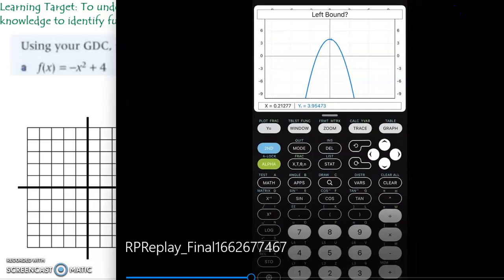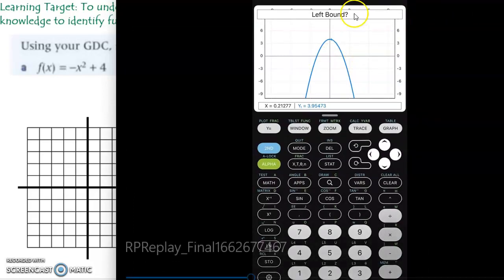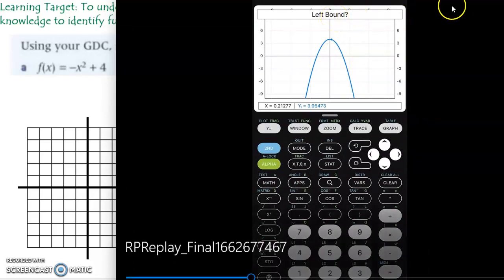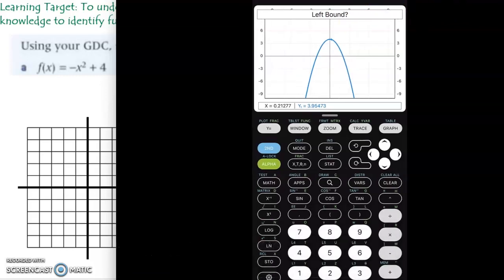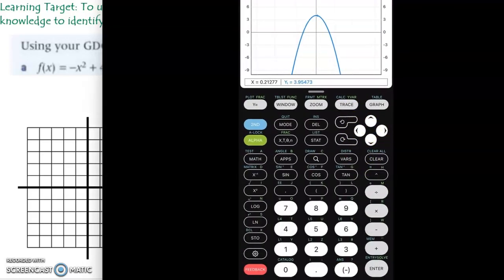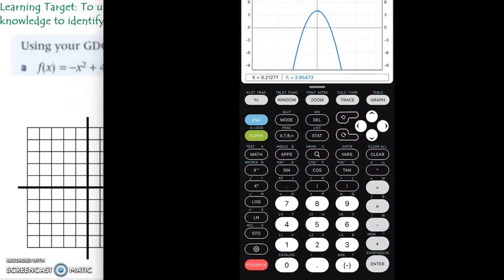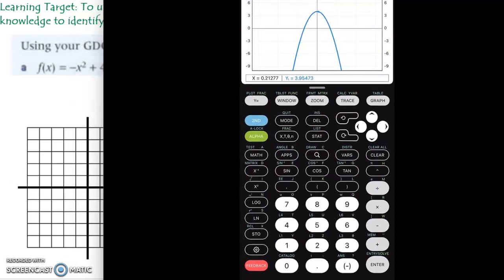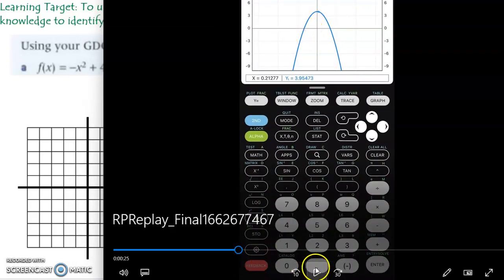Okay, so I'm going to start by trying to find this 0, and it's going to ask for a left bound and a right bound. So you're going to see I'm going to take this little arrow and I'm going to use these arrows here to move left and right. And once I am anywhere left of this 0 point, I just press enter.